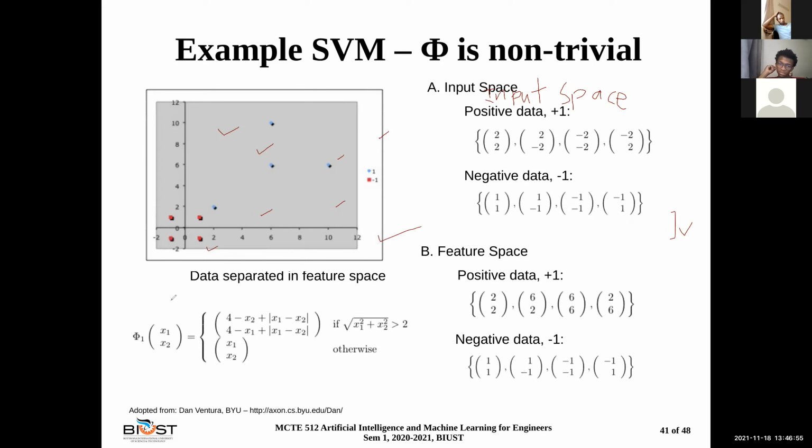Okay, so what is that? We say that if the norm of x1 and x2 is greater than 2, then we compute this as our feature space. If not, if the norm is less than 1, then we just retain the original value.